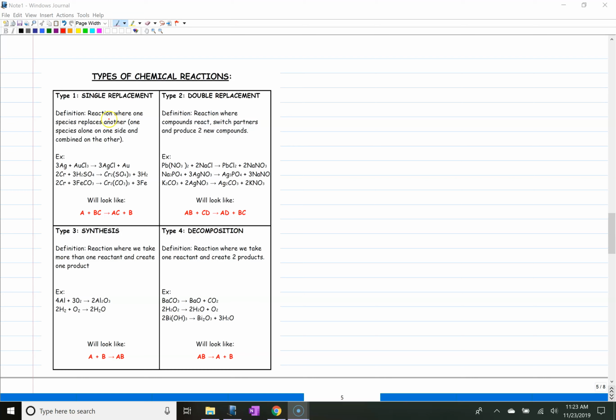Now, for the single replacement reactions, you have to use a chart, and you have one in your notes, and it's called the activity series.